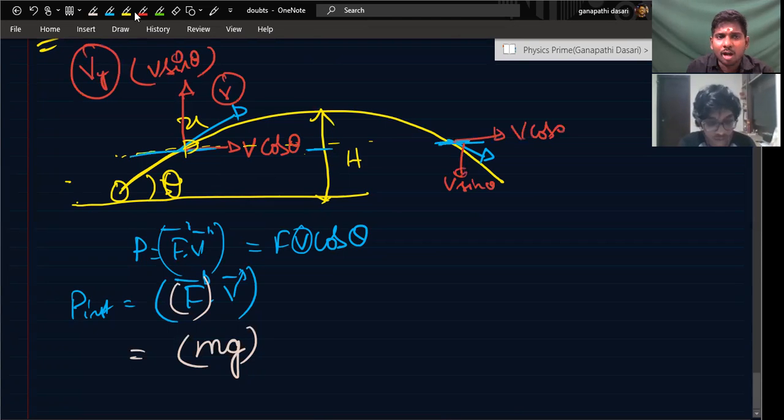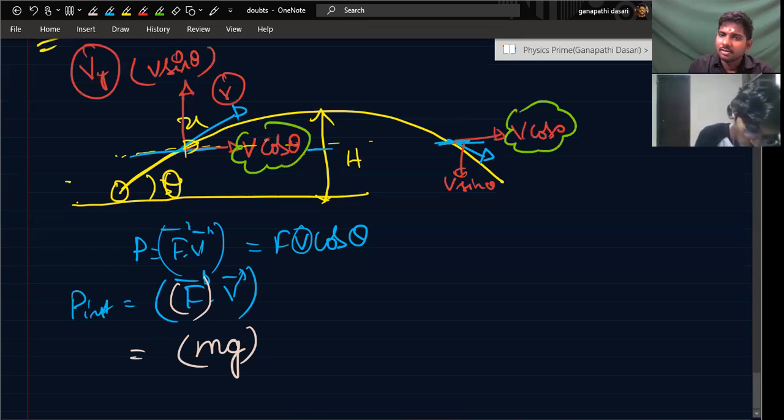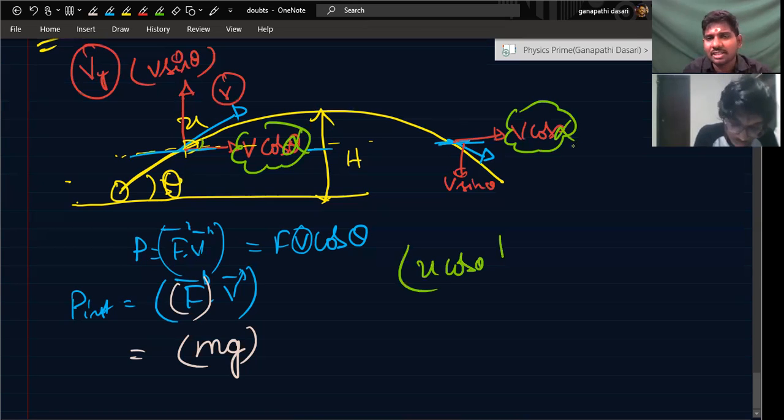But one thing you already remember, this v cos theta should be equal to u cos theta. Here alpha we will consider, because this angle is considered. That is nothing but u cos theta, because horizontal velocity will remain constant throughout the motion.